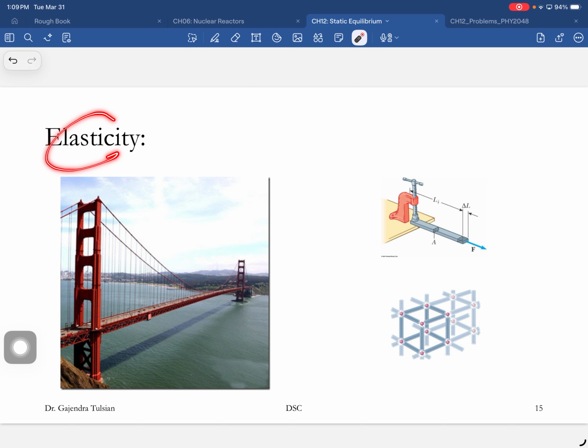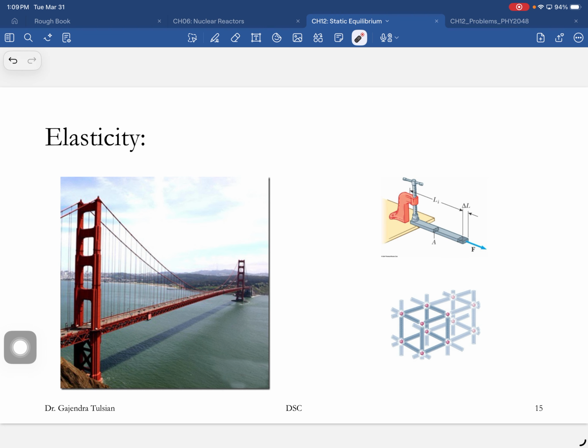So now let's look at elasticity a little closer. Okay. So here's this rod. You apply a tensile force on it and it stretches a little. And of course, if it's exhibiting elastic behavior, once this tensile force is removed, it will go back to its original shape.